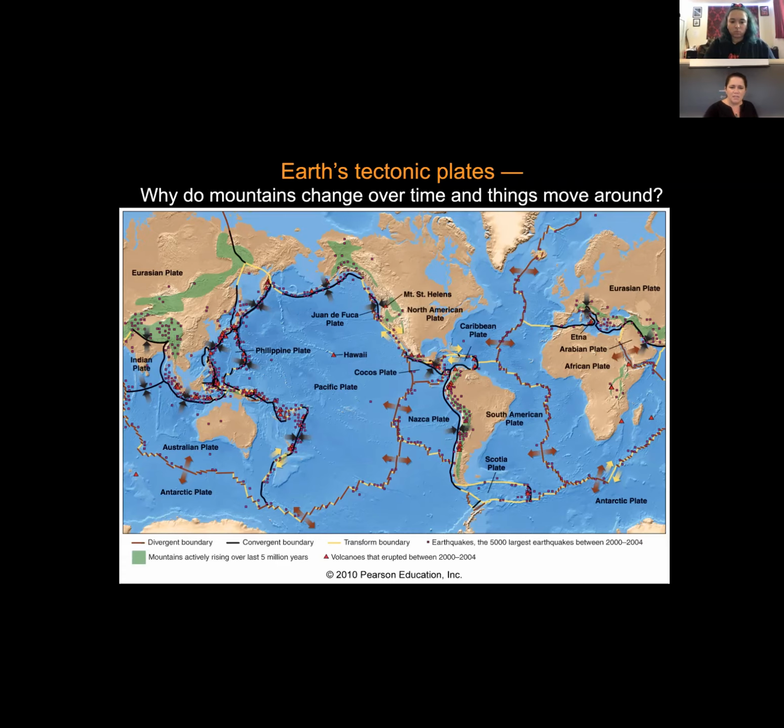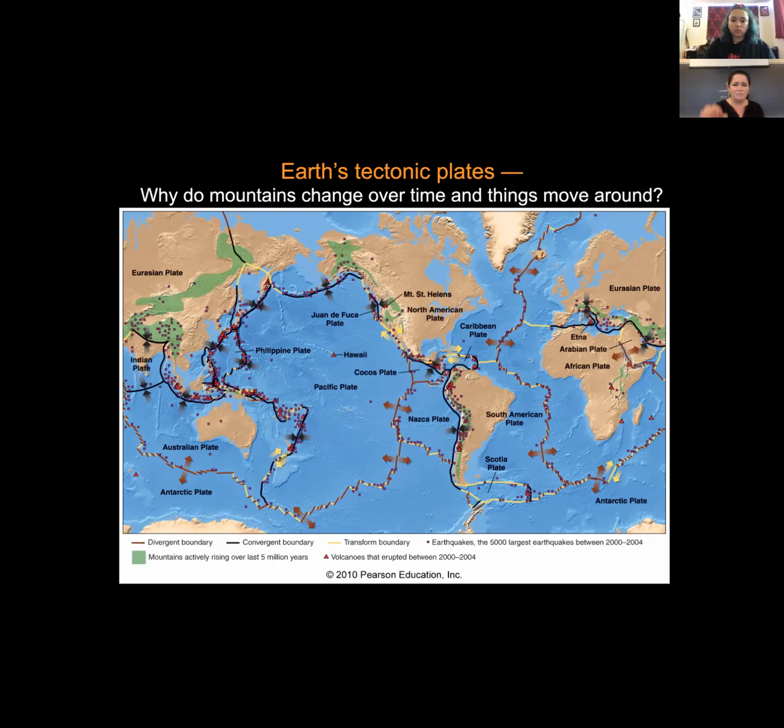Okay, the other thing that's on here, all the dots are earthquake epicenters. So you see a bunch in the Himalaya mountains north of India. You see, you know, there are a lot along the San Andreas Fault. Basically, everywhere there's a plate boundary is where you find earthquakes.